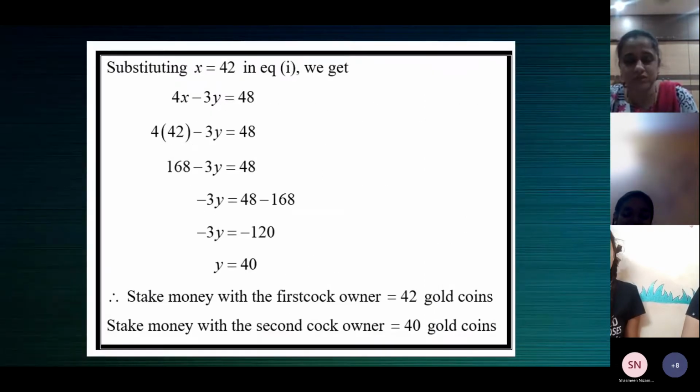So solving the two equations, we get x is equal to 42 and y is equal to 40.